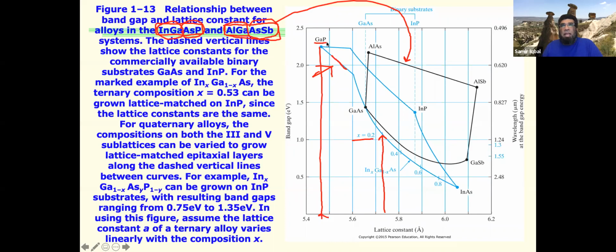And this is gallium phosphide, which means no indium, no arsenic. And if I start adding other material, for example, I start removing phosphorus and start adding arsenic, somewhere here, the whole phosphorus is gone, only arsenic remains in that material.